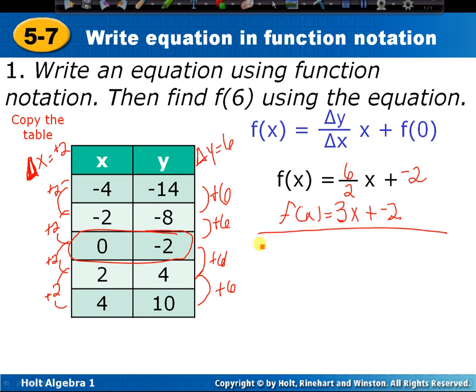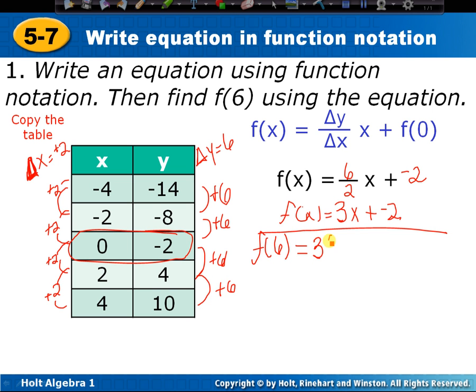So, again, the f of 6 is nothing more than a name. And it doesn't affect the problem or change the problem in any way because it's just the name. F6 just means that whenever I have an x in my rule and function notation, I'm just going to plug in a 6 for the x.